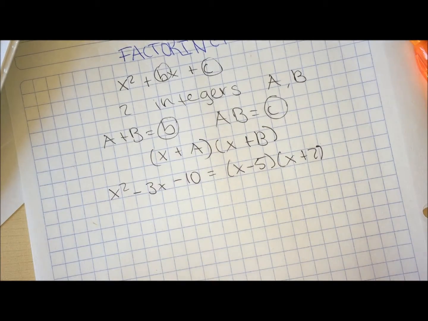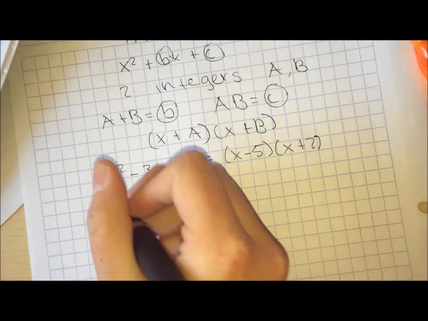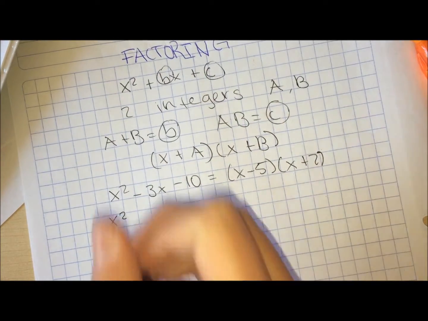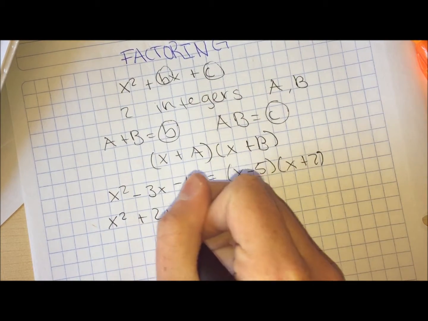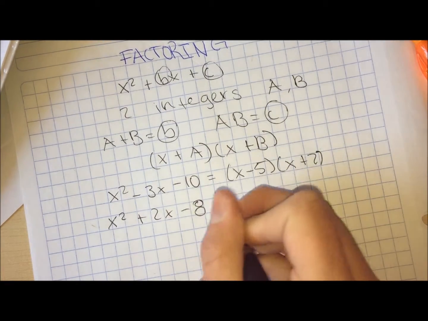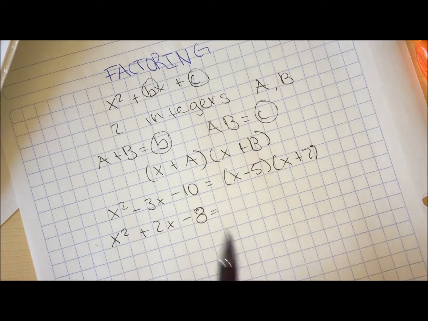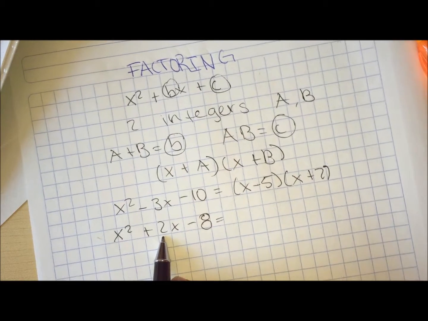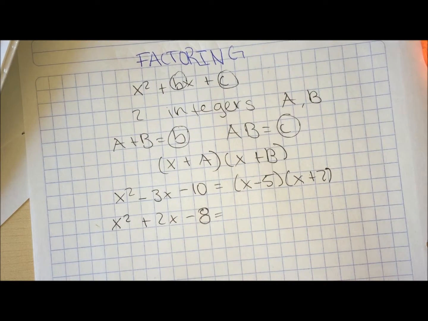Another example we could use is x squared plus 2x minus 8. We need two numbers that multiplied give us minus 8 and sum to plus 2. This could be 4 and 2.